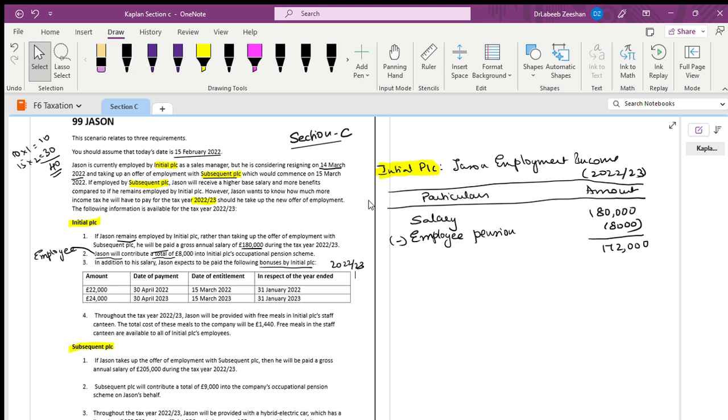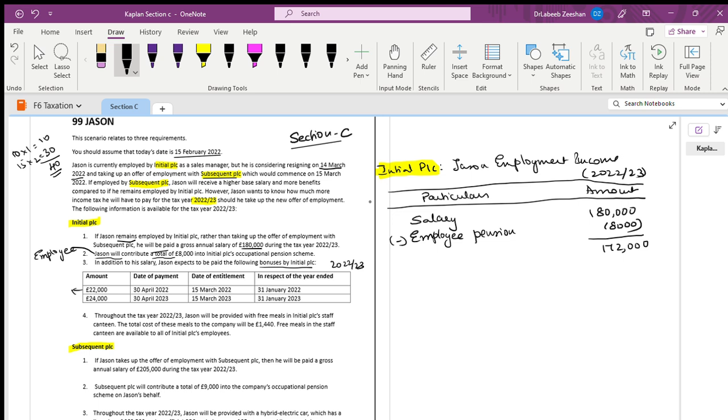Now, when you are doing the assessments for 2022 and 23, they have a bonus of 22,000. Is it right? What is the date of payment? See, bonus is paid once the financial year is completed. Fine. This is what we have to see. Date of entitlement is 15th March.